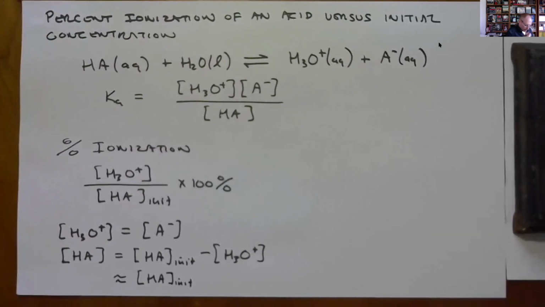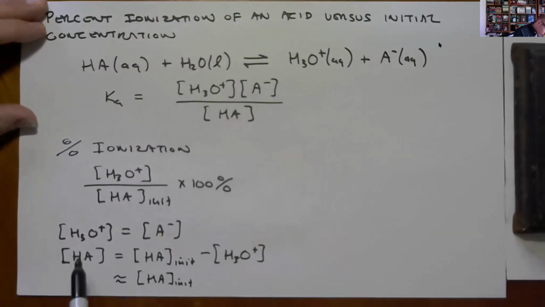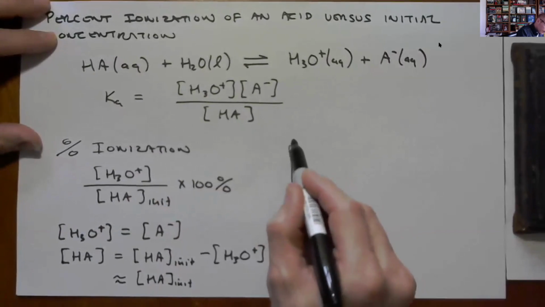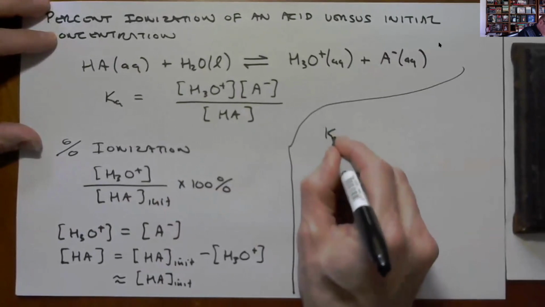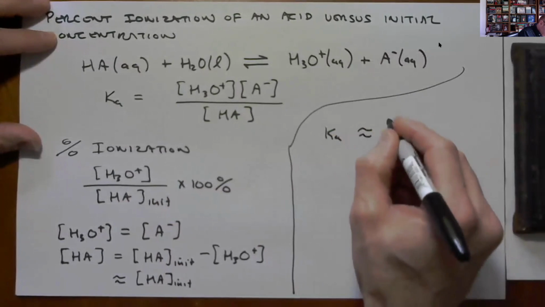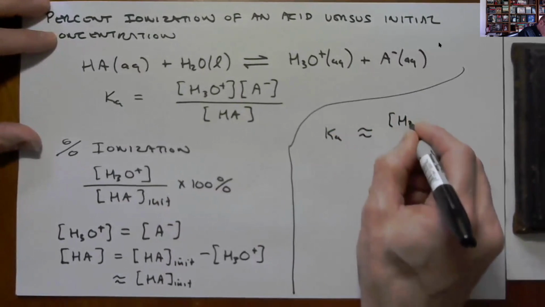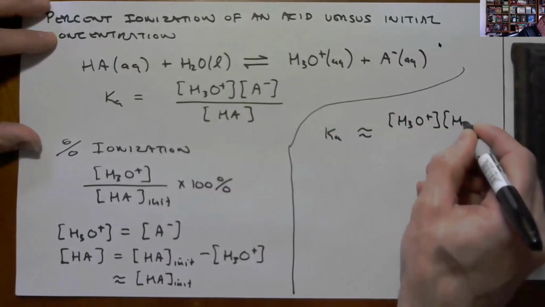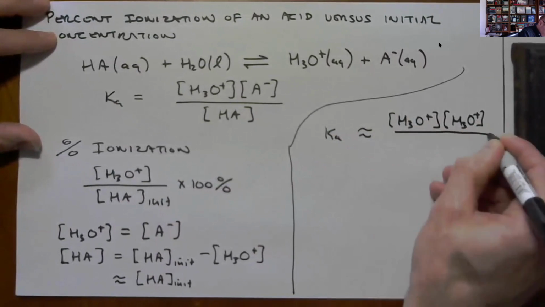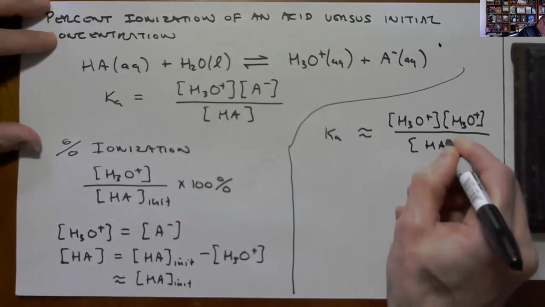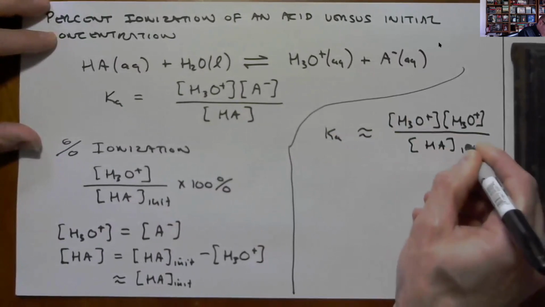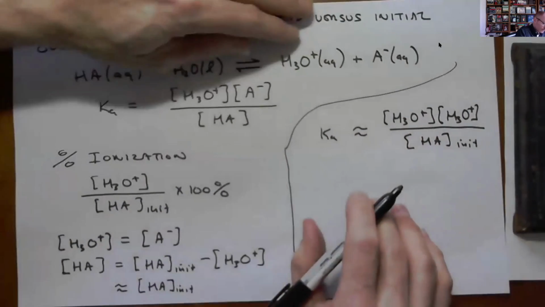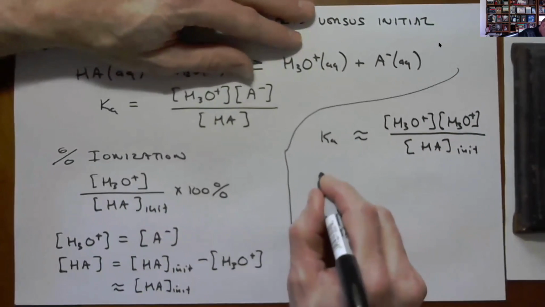And so if we now put these values in here, what we can say is Ka is approximately equal to H3O plus times H3O plus over HA initial. And if I divide both sides by the initial concentration of our acid, what do we get?